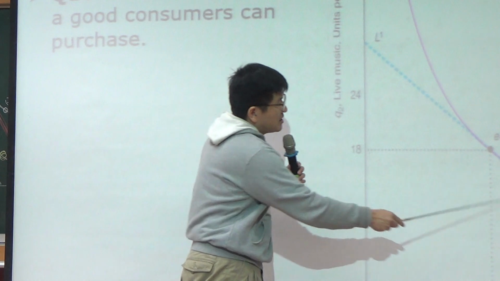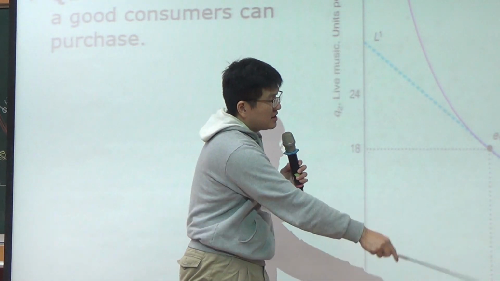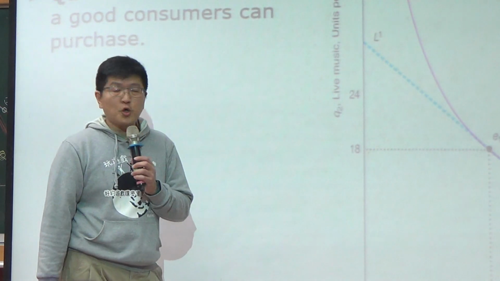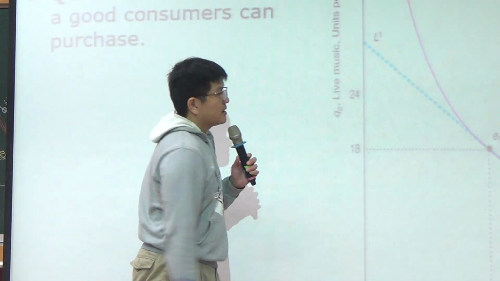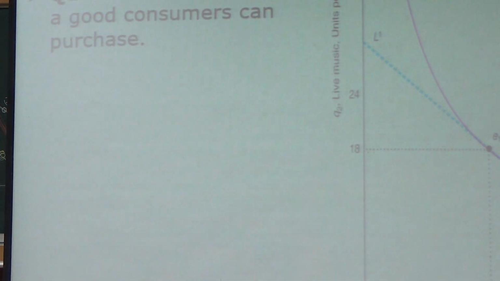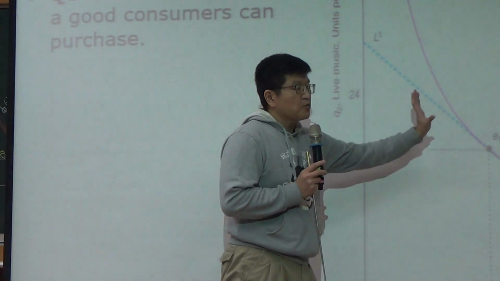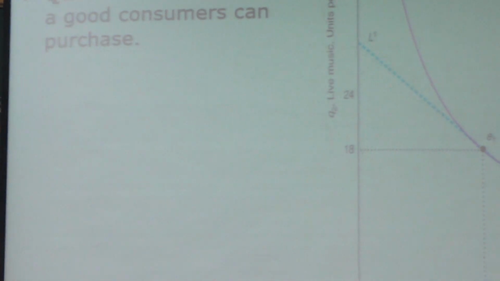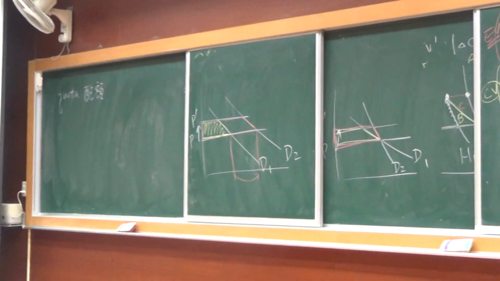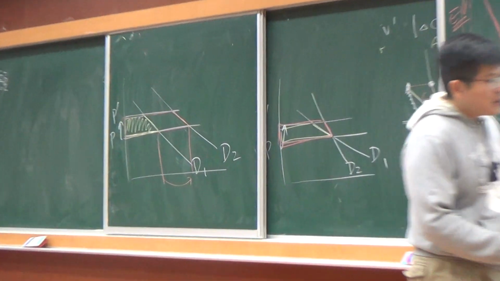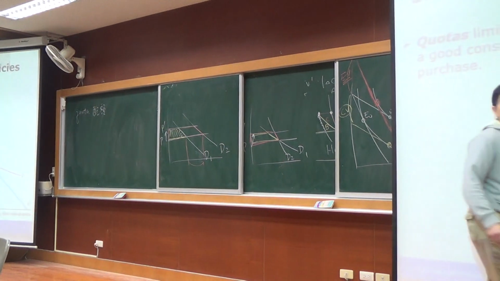given the budget line, your optimal choice would be here, according to your indifference curve. E1 is the point where you maximize your utility. However, with an effective quota, without any limitation you would like to consume 24, right?